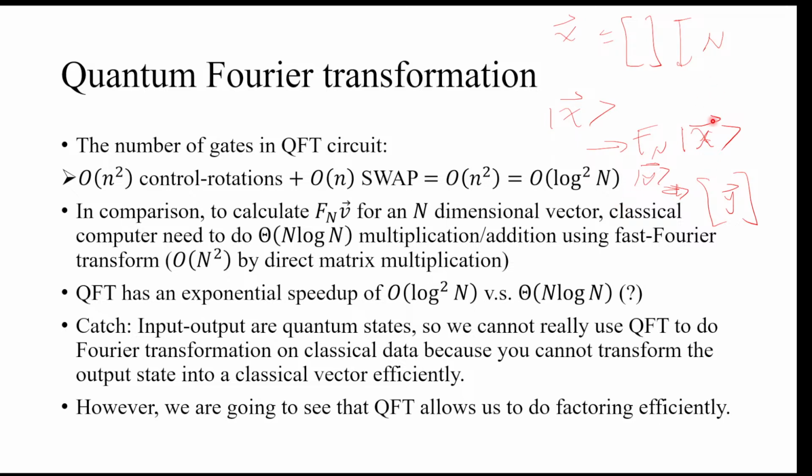Both converting in and converting out cannot be done efficiently. So the quantum Fourier transform cannot do the classical Fourier transform efficiently in general, but it still allows us to do factoring, so it's still very useful.